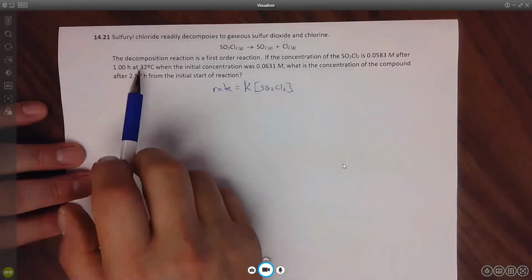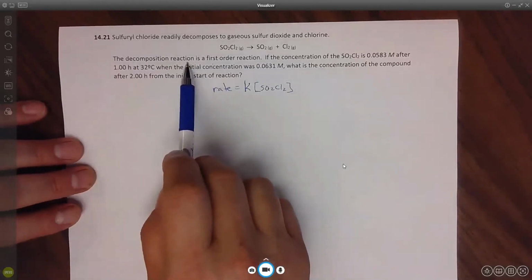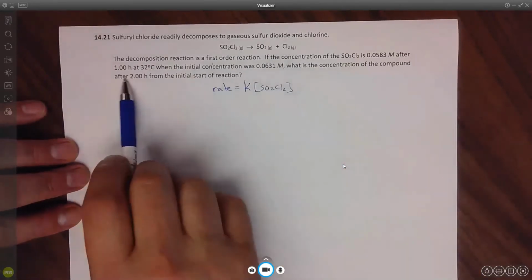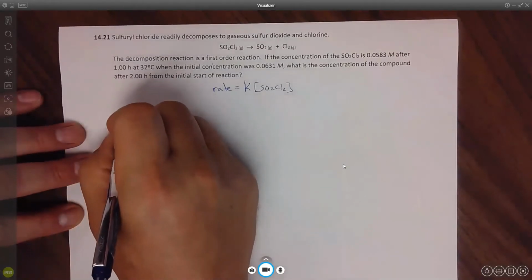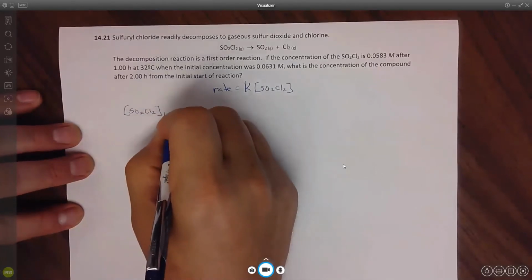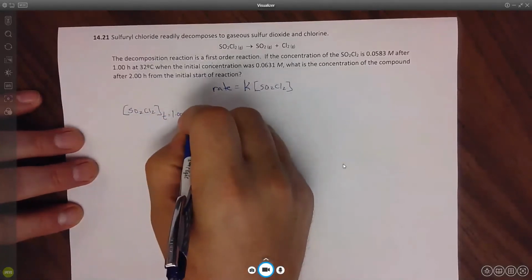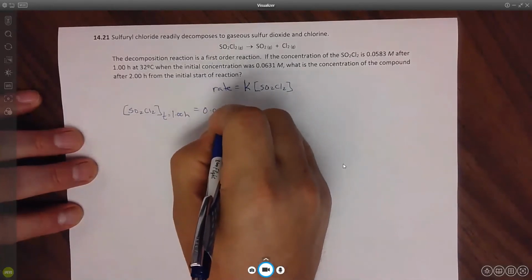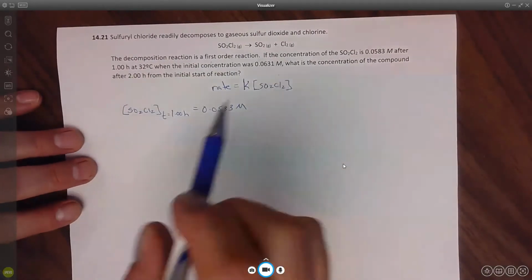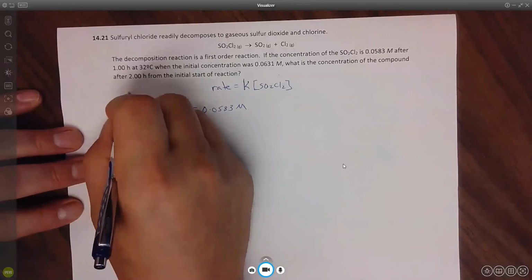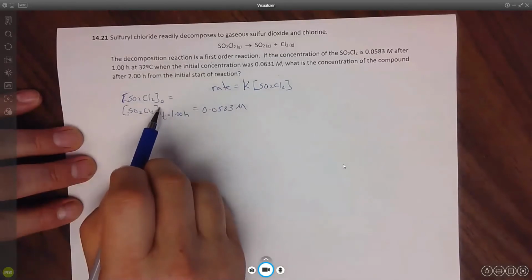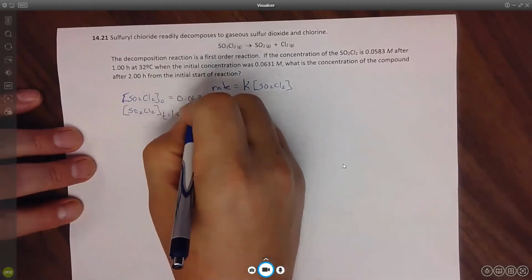Now, the problem says the decomposition reaction is first order, and the concentration of sulfuryl chloride after 1 hour is 0.0583 molar at 32 degrees Celsius, when the initial concentration, which is basically time 0, is 0.0631 molar.